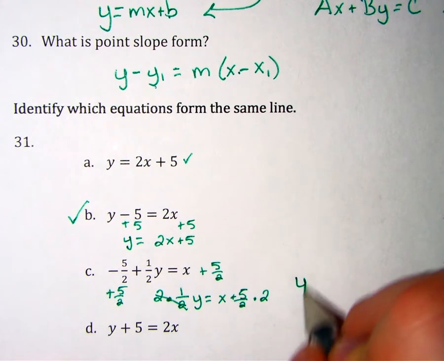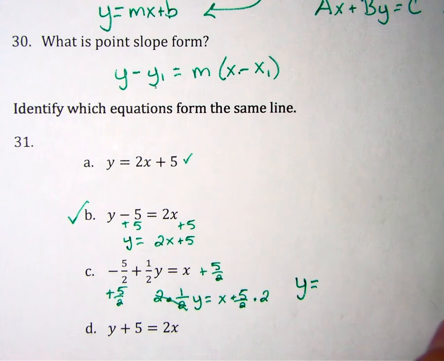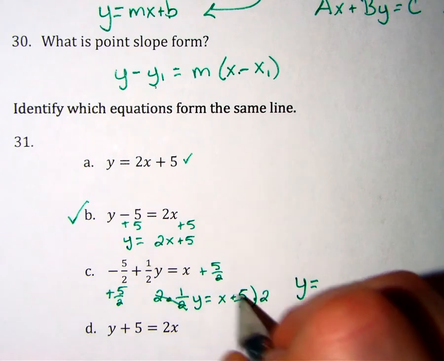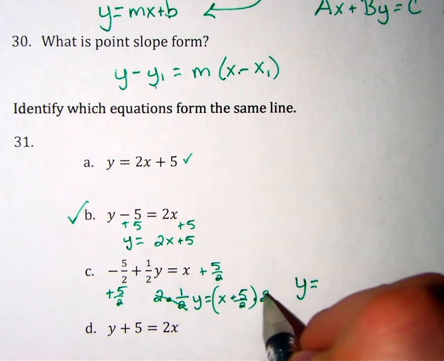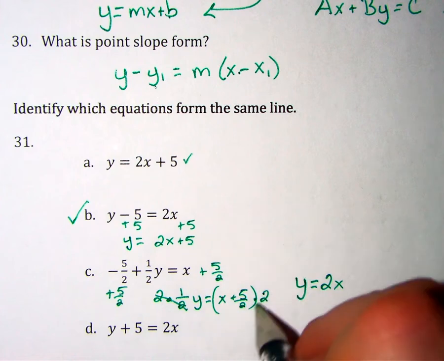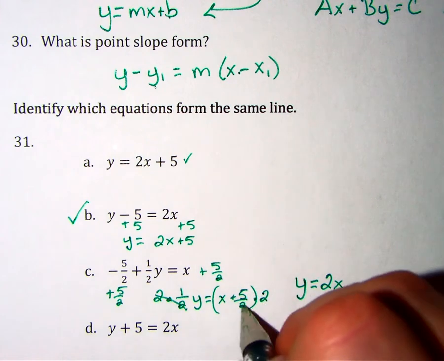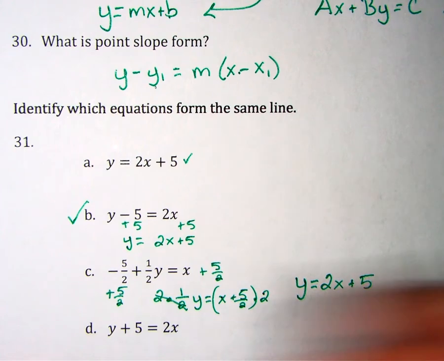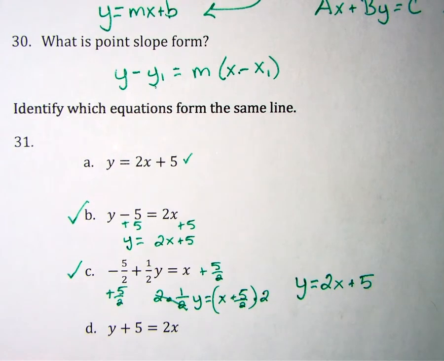And that's going to leave us with y equals 2 times x, which is 2x. 2 times 5 halves, well, my 2's will simplify out and leave us with plus 5. Again, we have an equation that matches.